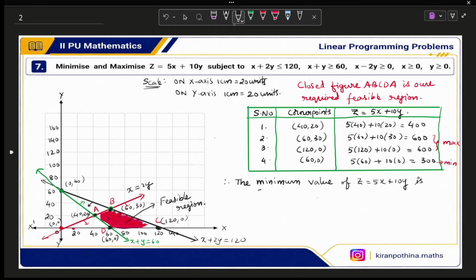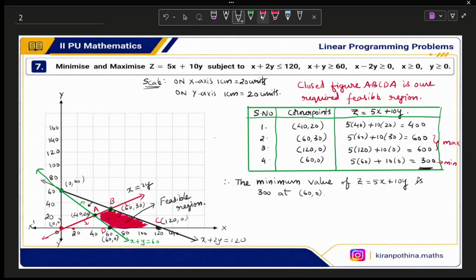It is 300, at which point? At 60 comma 0. So this is the minimum conclusion. For the minimum we got only one value, so when we get only one value, the conclusion will be like this only.